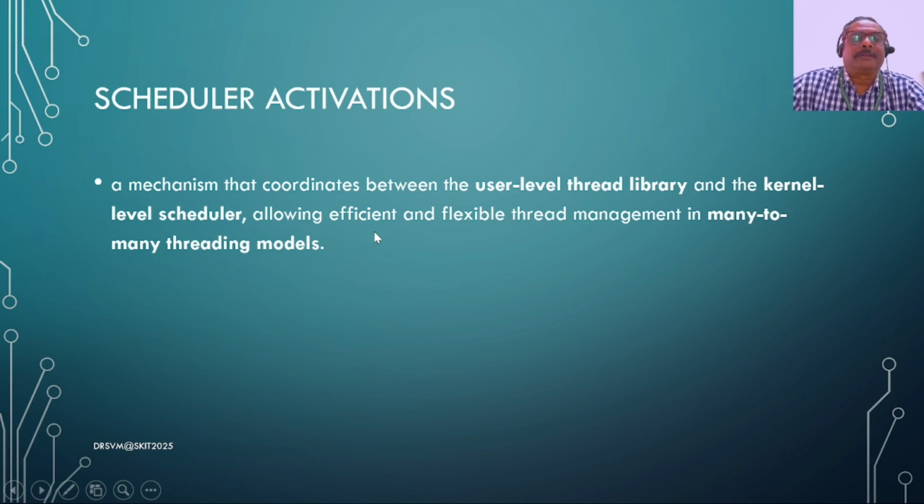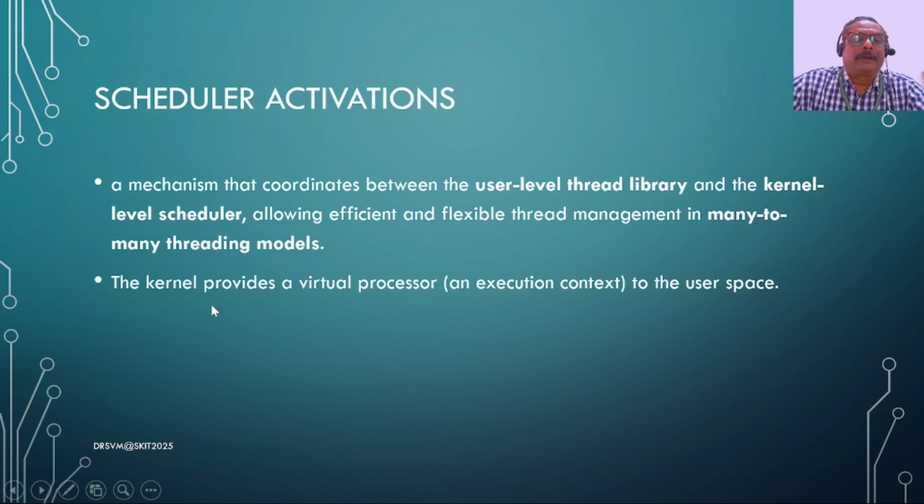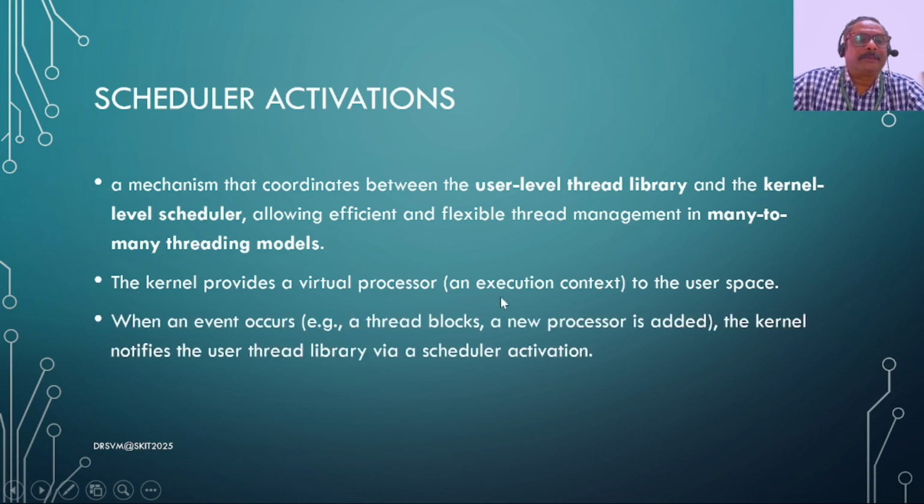Scheduler activations are required here. The kernel provides a virtual processor to the user space, and when an event occurs, like a thread blocks, a new processor is added and the kernel notifies the user thread library via a scheduler activation. So whenever an event like a thread being blocked occurs, the kernel notifies the user thread library via this scheduler activation that something is wrong.